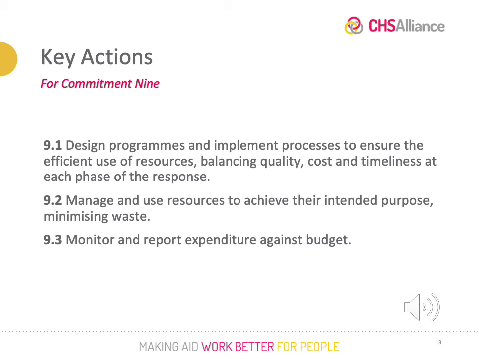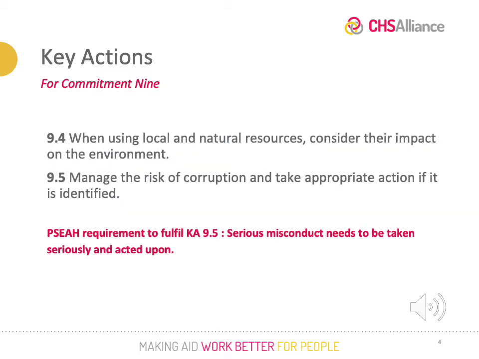Elements of those plans are to be shared with affected people and relevant stakeholders. Another question is whether cost efficiency, cost effectiveness, and social impact are monitored. Key Action 9.3 is about monitoring and reporting expenditure against budget, and this needs to be done according to recognized financial management good practice.